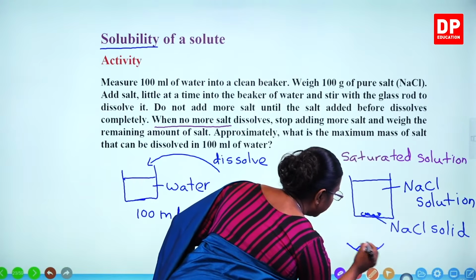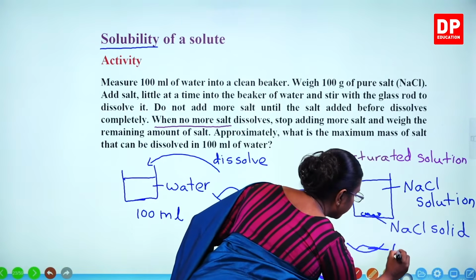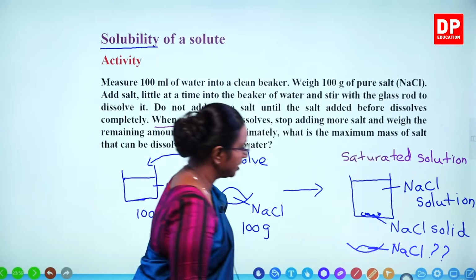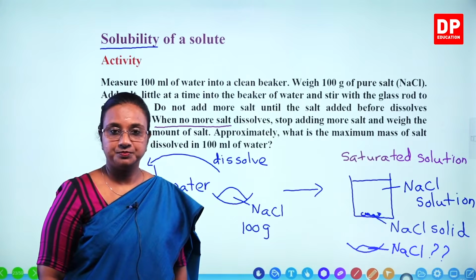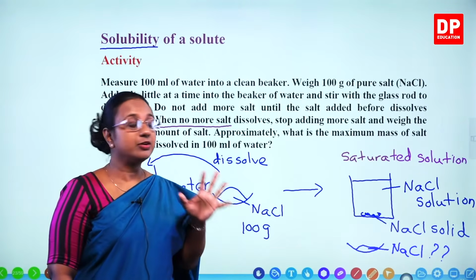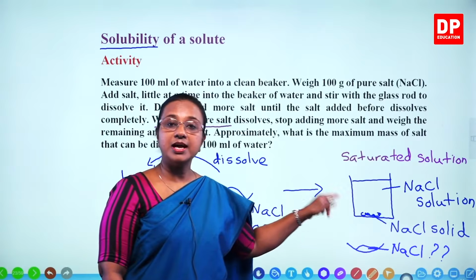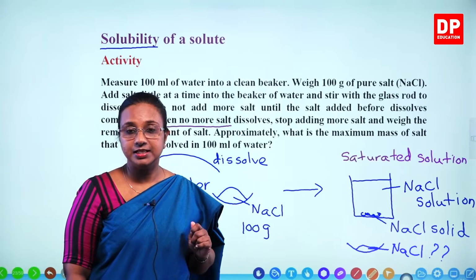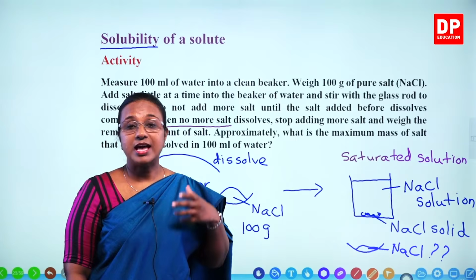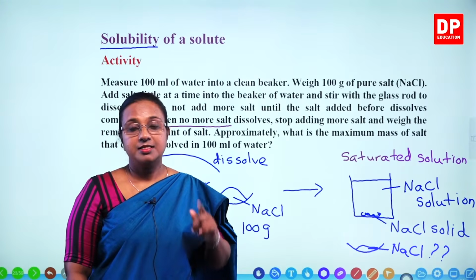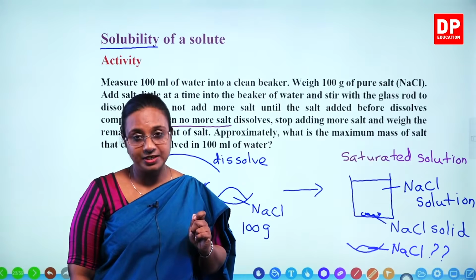So, the remaining sodium chloride, we need to find how much this is. Then you can calculate the amount of sodium chloride that has dissolved in the solution. That is one activity.